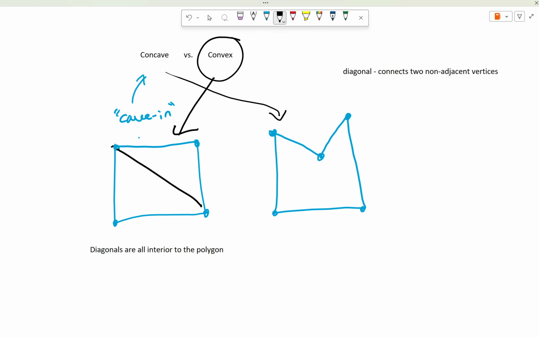When it is convex, they're all interior. When it's concave, at least one diagonal is exterior. I can draw interior diagonals, but boom, I went right here to here and I have an exterior diagonal, therefore making this guy concave, right? We have that idea where it's caving in.